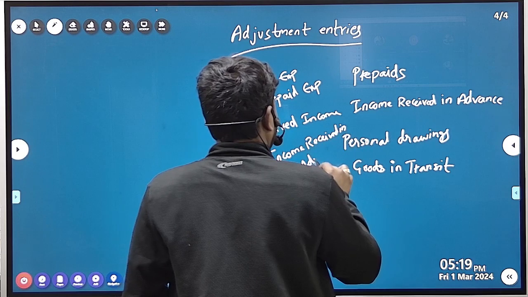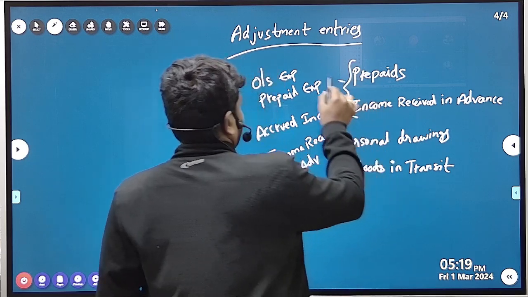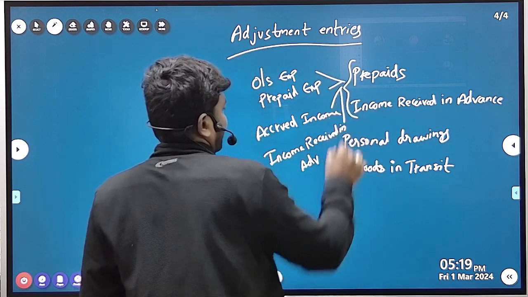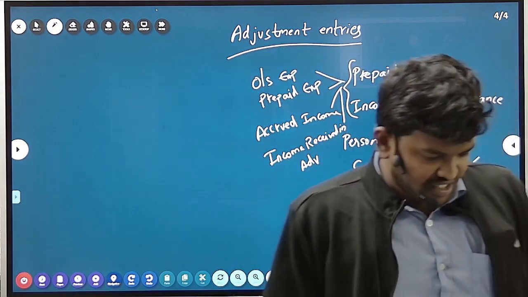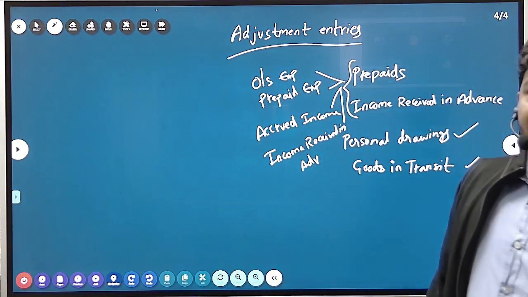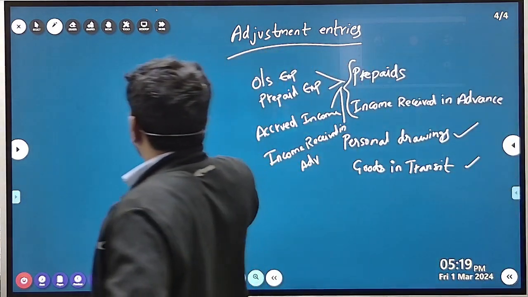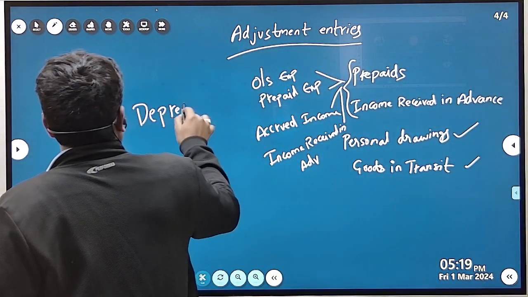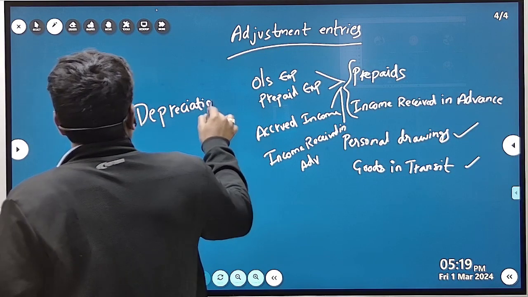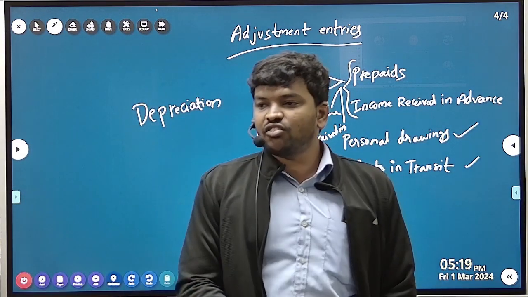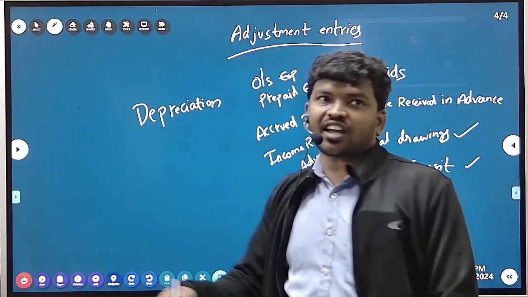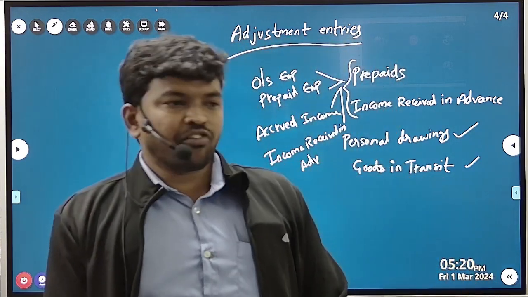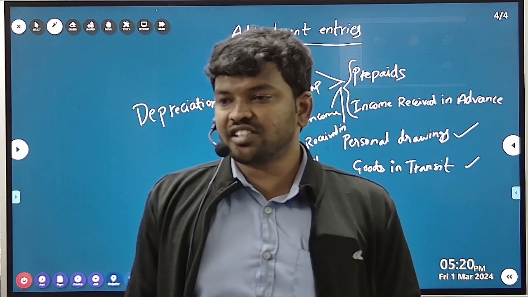These can be divided into 4 categories. And then we have personal drawings, goods in transit, depreciation. Depreciation entry is also an adjustment entry because we charge depreciation at the end of the year. All these entries are to adjust the accounts before preparing the final financial statements.